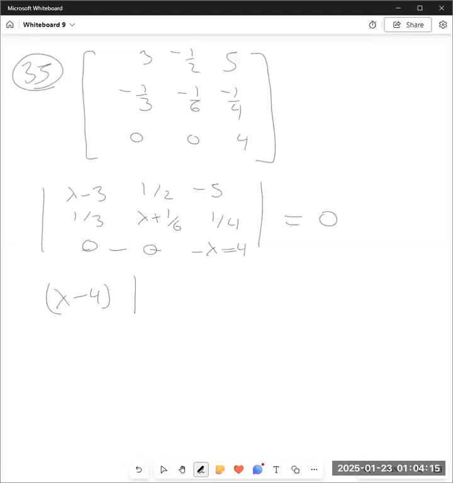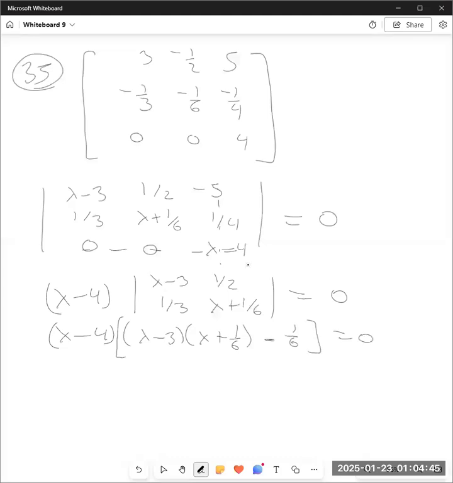I'm going to get rid of that. This is lambda minus 3, +1/2, +1/3, lambda plus 1/6 equals 0. Lambda minus 4, and this is lambda minus 3, lambda plus 1/6 minus 1/6 is equal to 0.